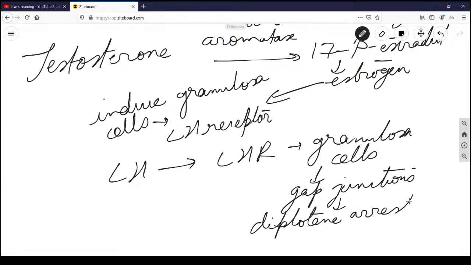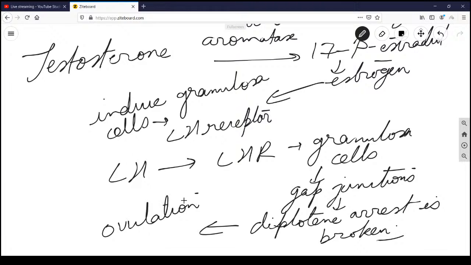Diplotene arrest is broken, and then ovulation, because just before ovulation we have LH surge in the menstrual cycle, right? So this is how the entire thing is perpetuated. This is the entire event pertaining to oogenesis.